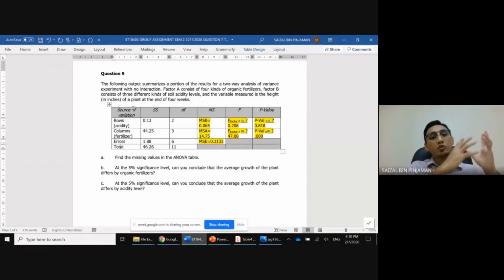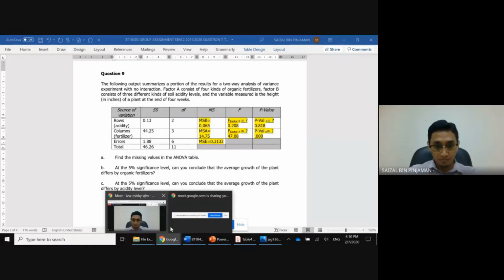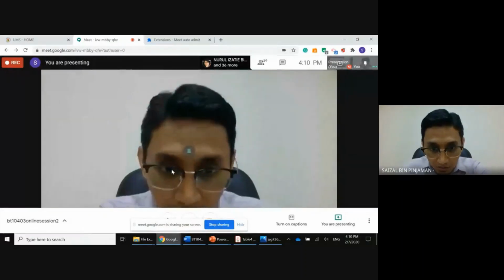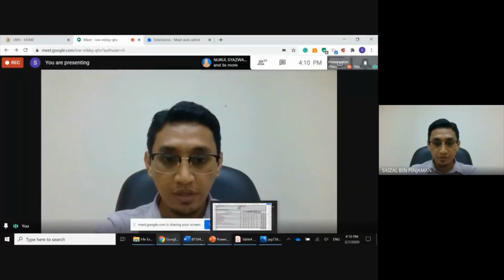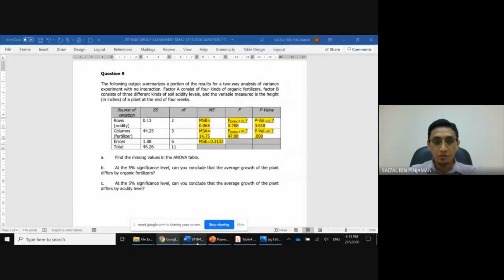These are grouped into the third source of variation that we call the errors. This is the first column that we have in this table, which shows the source of variation. Yes, so the source of variation, we go back to that particular question.